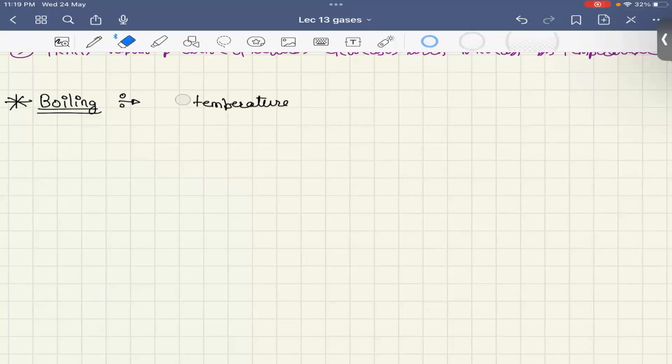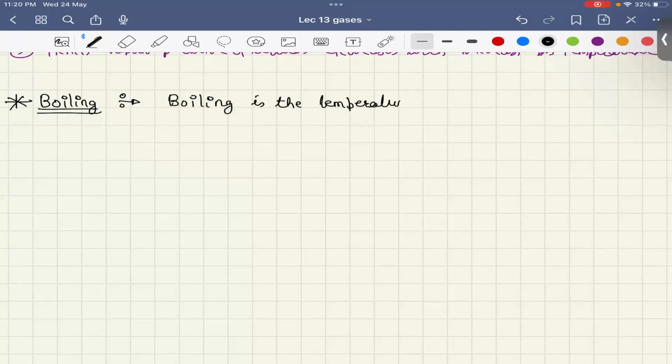Okay? Let us understand this term. Boiling point is the temperature at which boiling occurs. What does that mean?